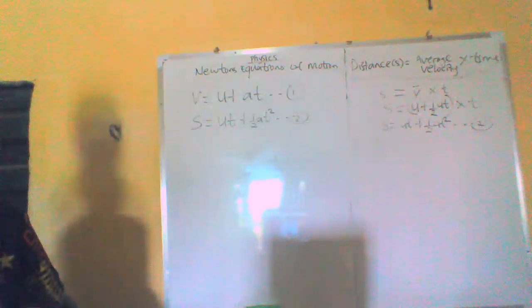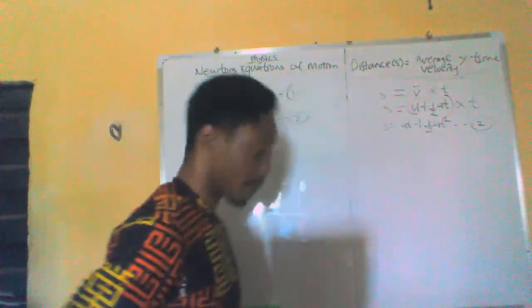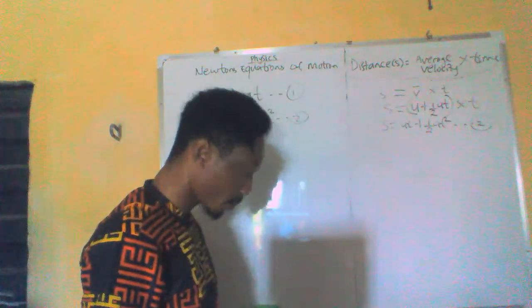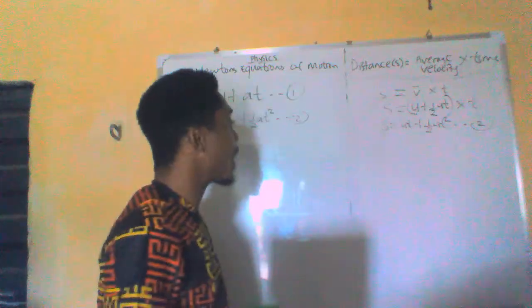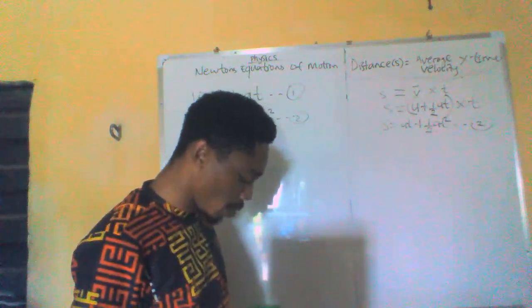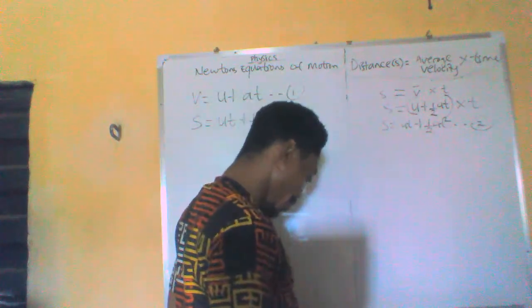All right, so can you probably check this? From there, we move ahead to the third equation of motion. What's the first thing we do in finding the third equation? It's simple.